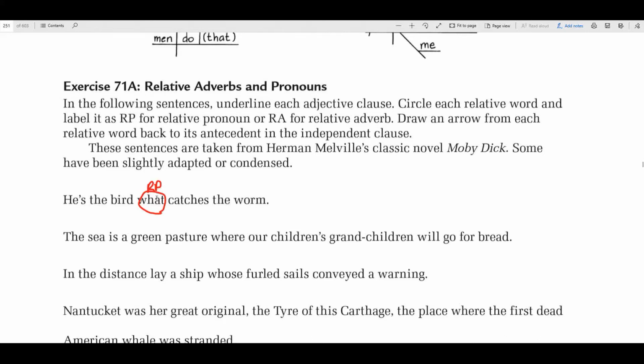This is what, but I think, see, it just doesn't tell me anything, but I'm thinking that this is supposed to be that, because what doesn't even make sense. But he's the bird. I think that should be that catches the worm. Okay, so that would be your relative pronoun. So what does this refer back to? It refers back to the bird.